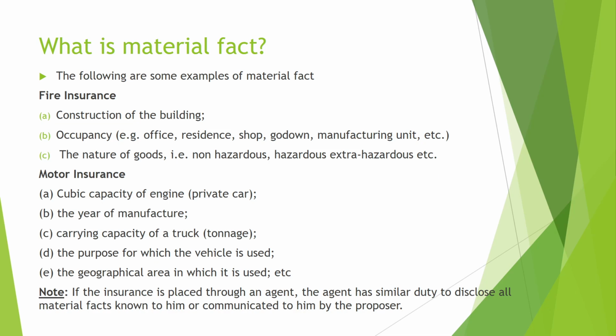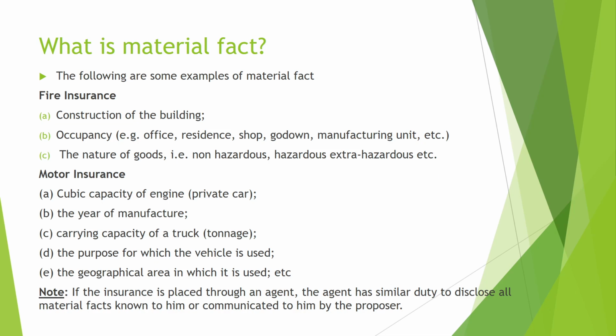And what will be the material fact in case of motor insurance? So it will be the cubic capacity of the engine, how much the engine takes in terms of cc, the year of manufacture. Okay, carrying capacity of the truck, if it is a truck then you should disclose it, the purpose for which the vehicle is used, and the geographical area in which it is used.